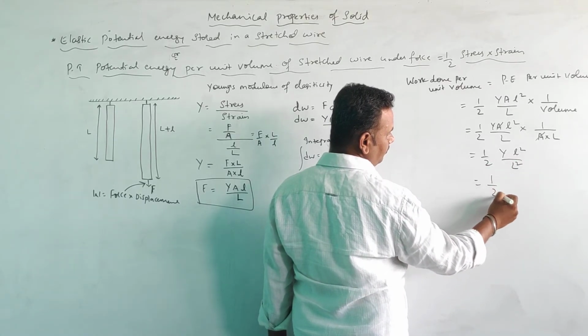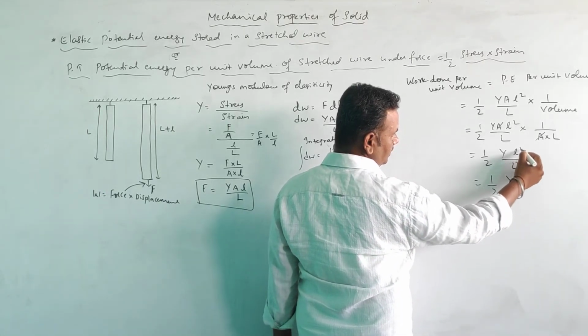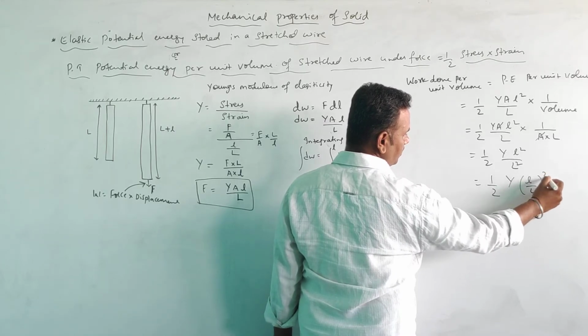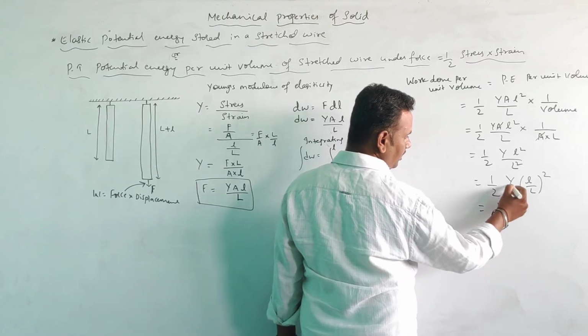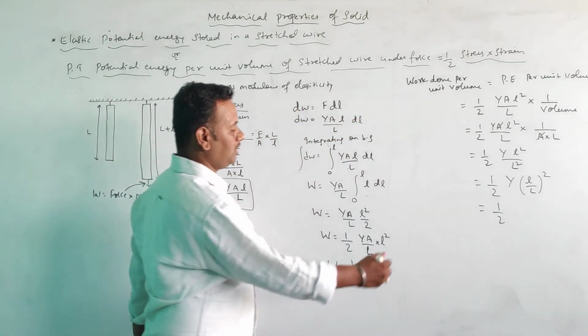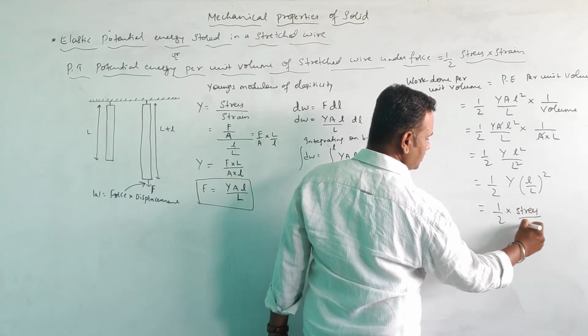So half Y into l divided by L whole square, where Y means stress by strain.